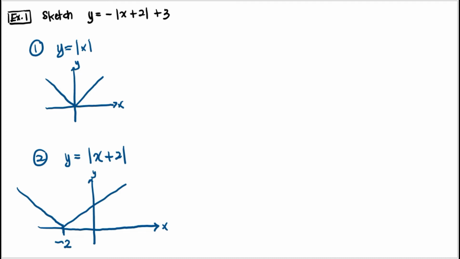In the third step, we can reflect. Suppose in the third step we have y equal to negative modulus of x plus 2. How should we draw this? This is something reflected about the x-axis, because we have y equal to negative of f(x).